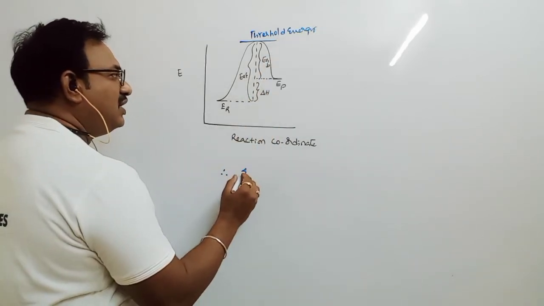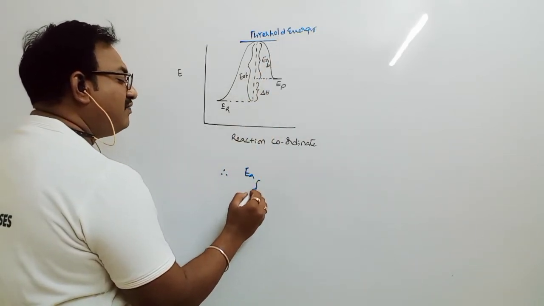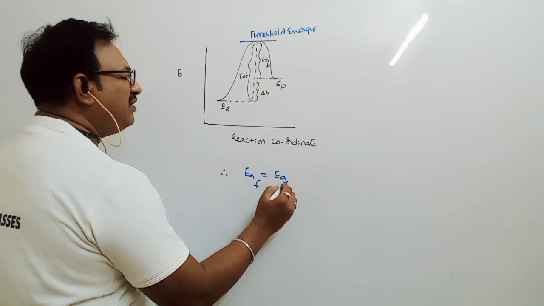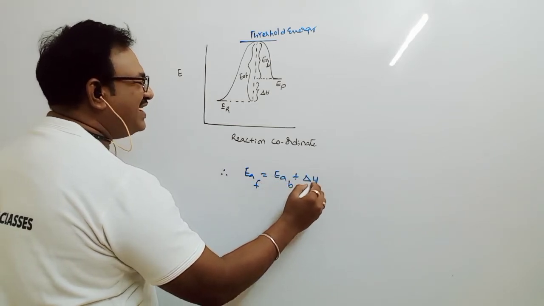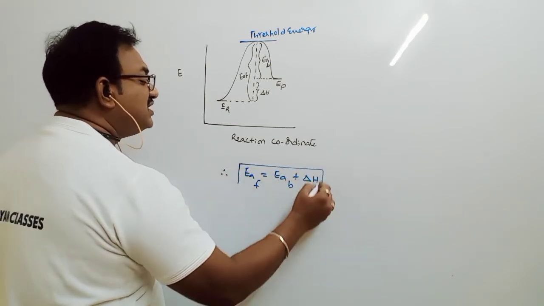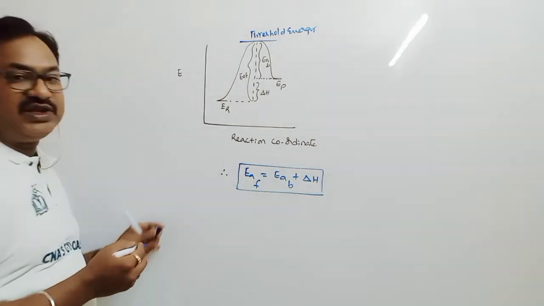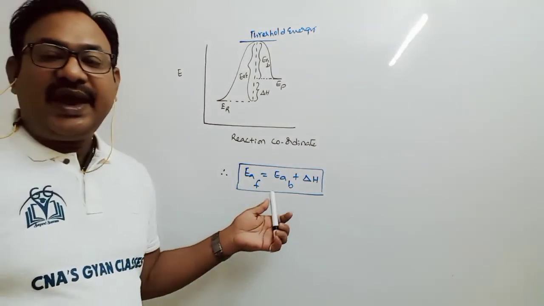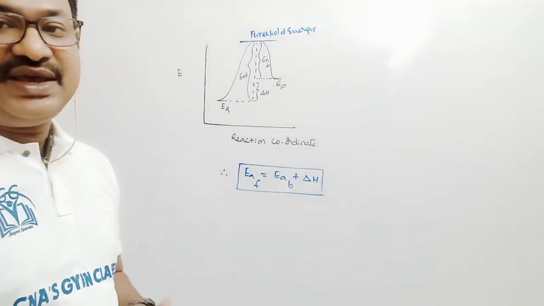Therefore, the activation energy of forward is equal to the activation energy of backward plus del H. So please remember this.